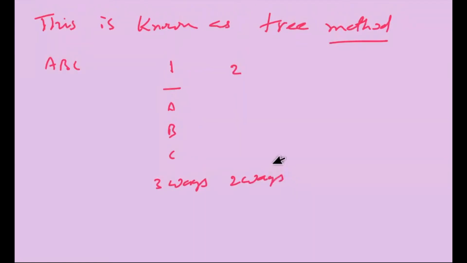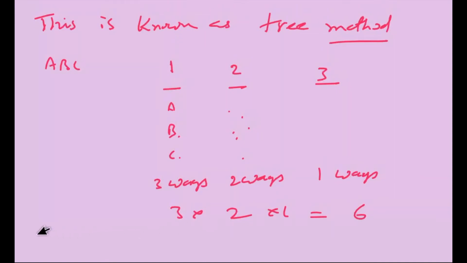Okay, if A is here, then B and C are here. If B is here, then C and A are here. If C is here, then A and B are here. And the third place can be covered by only 1 way. So if we multiply these, we can find the total number of ways, that is 6.